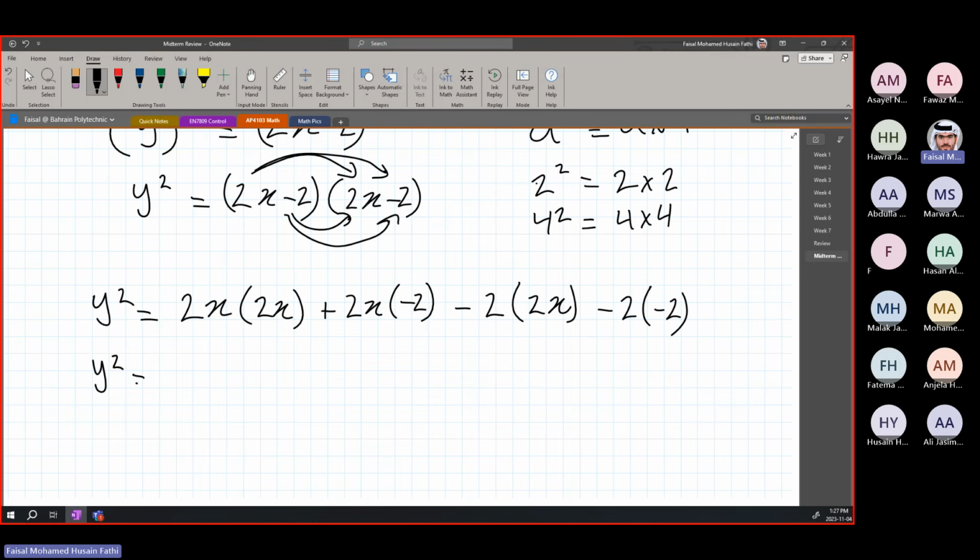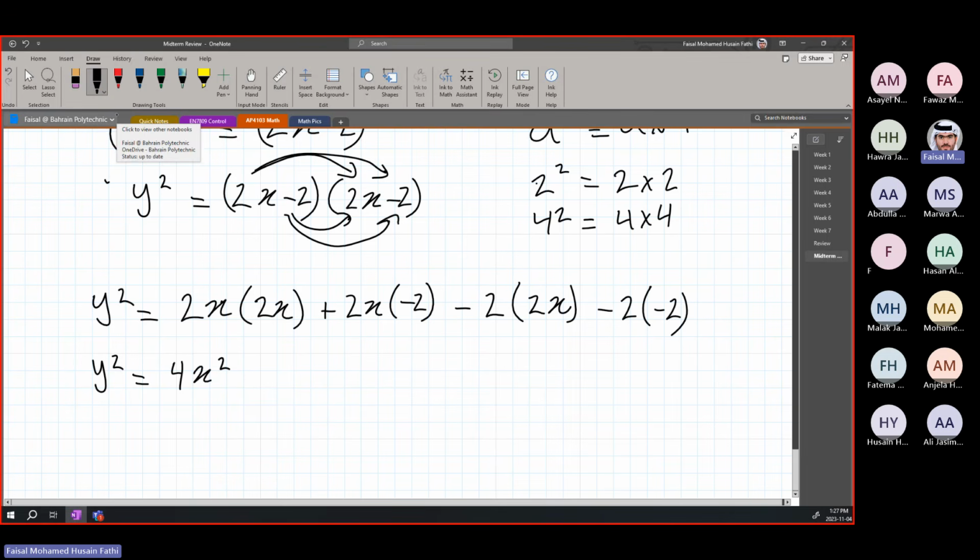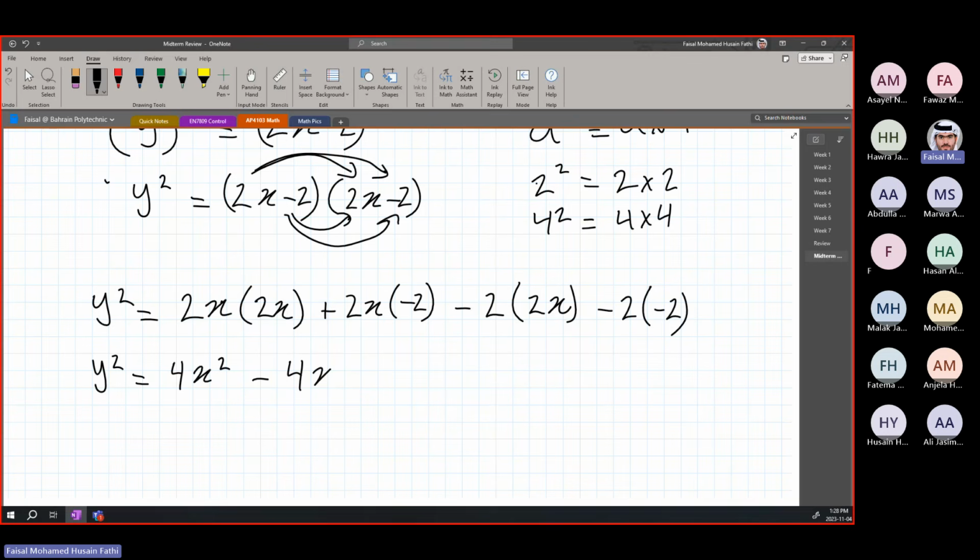So y squared is equal to 2x times 2x, which is 2 times 2 is 4, x times x is x squared, plus 2x times minus 2, since there's a plus and a minus, plus and minus gives us minus. 2x times 2 is just 4x. Minus 2 times 2x, minus and plus again gives us minus 4x.